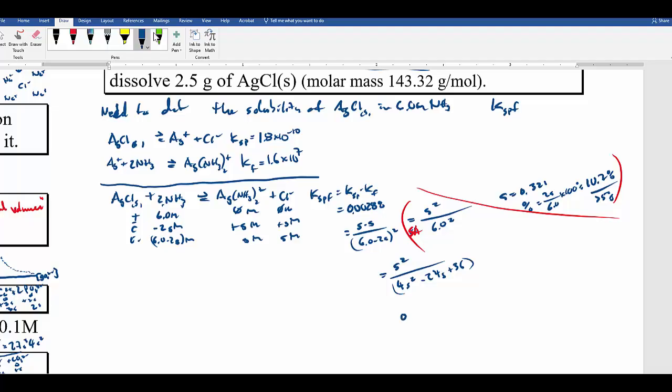And that's going to give me 0.01152 s squared minus 24 times 0.00288, the 0.06912.